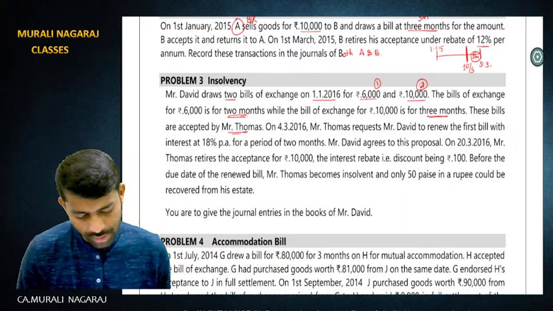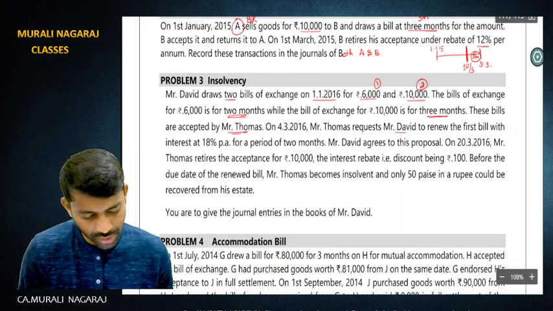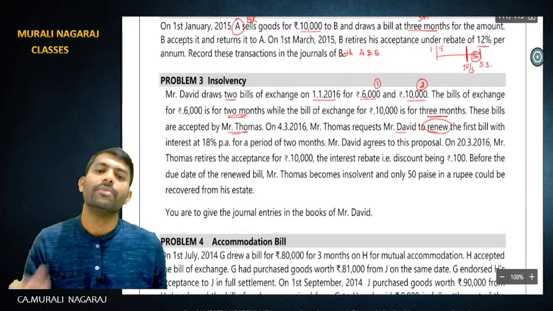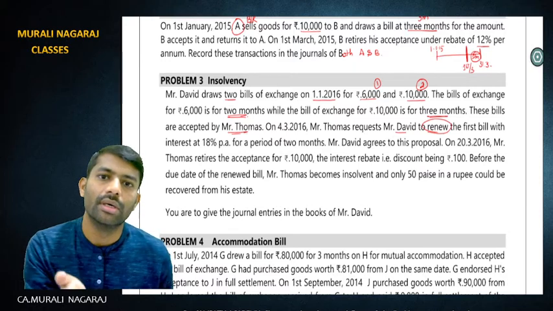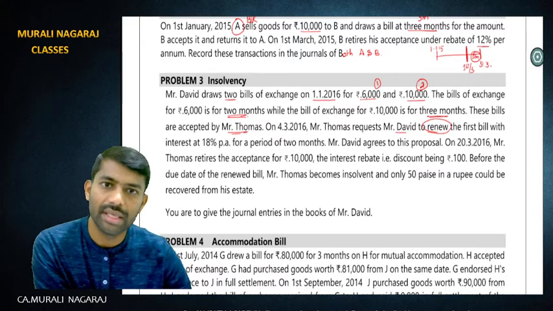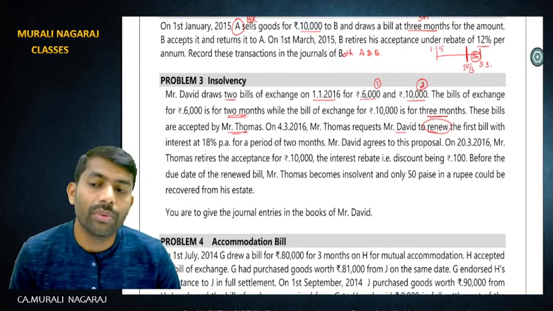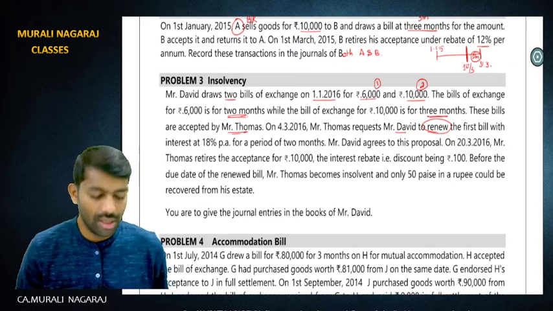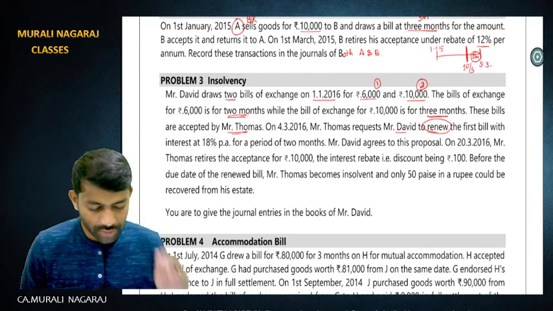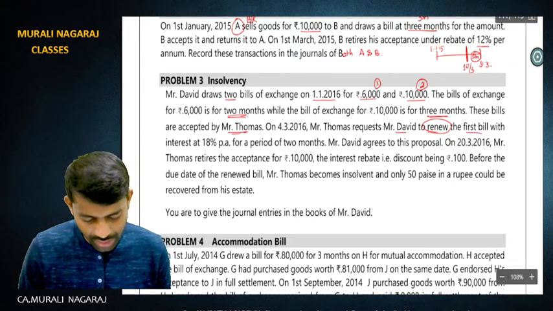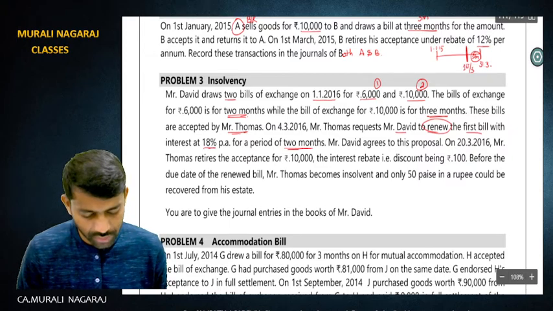So in March, Mr. Thomas requested David to renew the first bill. We thought he is waiting, but on the maturity date plus 3 days grace, he has requested the bill to renew, with 18% interest for a period of 2 months.